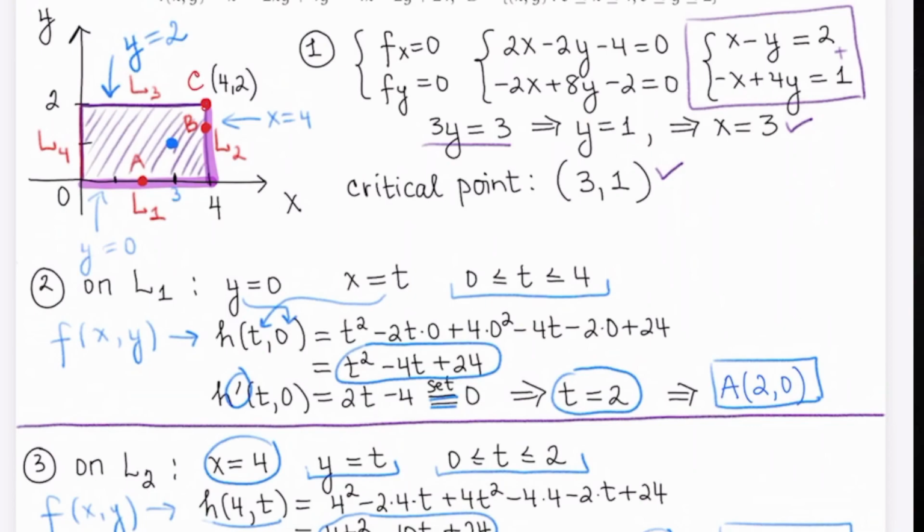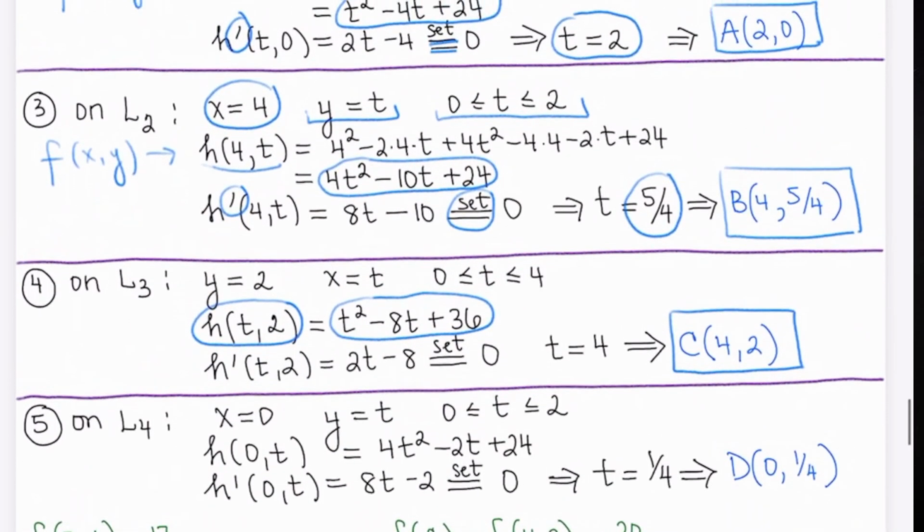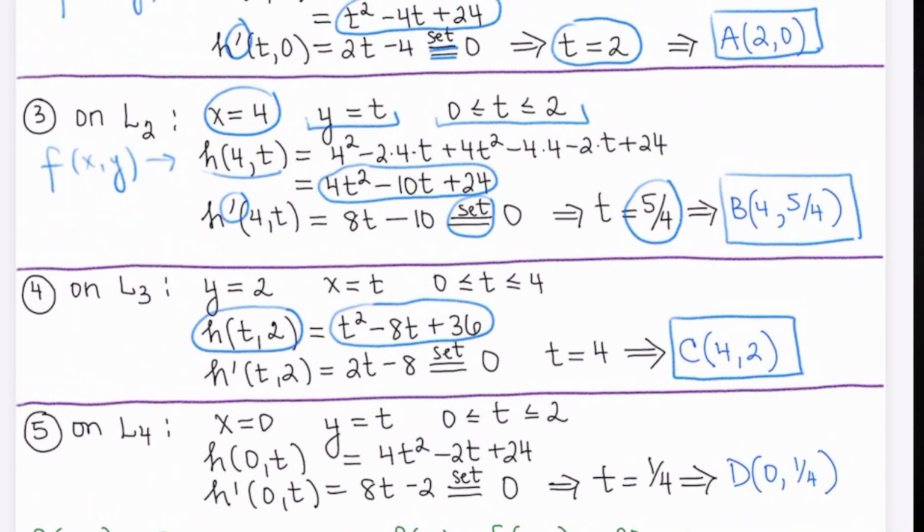All right. So now the last thing we need to do is take a look at L4. This is where x is equal to 0 and y varies. Okay. So x is 0, y is the variable, and it varies between 0 and 2. We plug in those substitutions. We get another parabola. And this parabola also opens up.